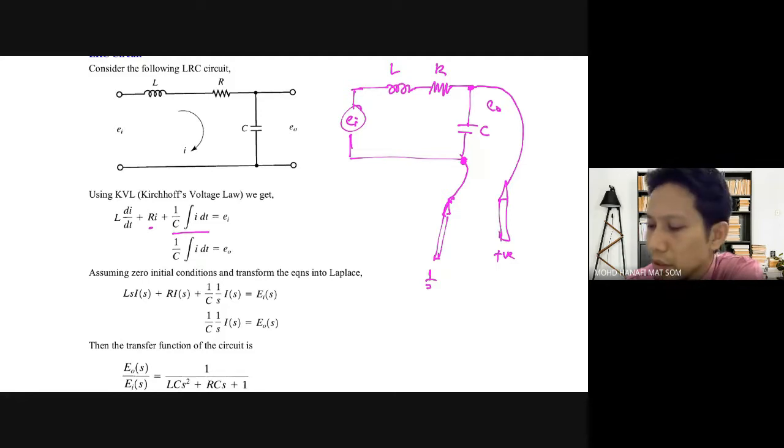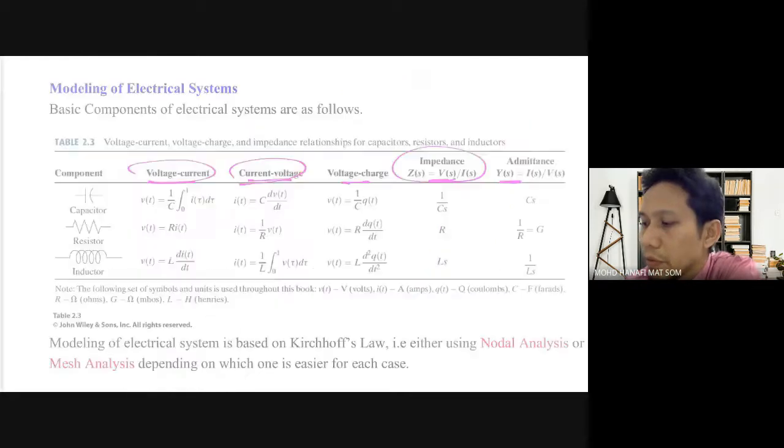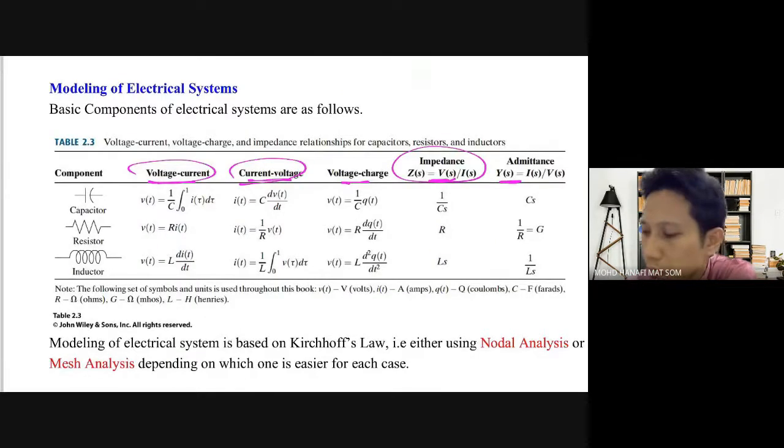What is this actually? You can refer back to the previous slides to see the voltage-current relationship. What we found just now is actually voltage.